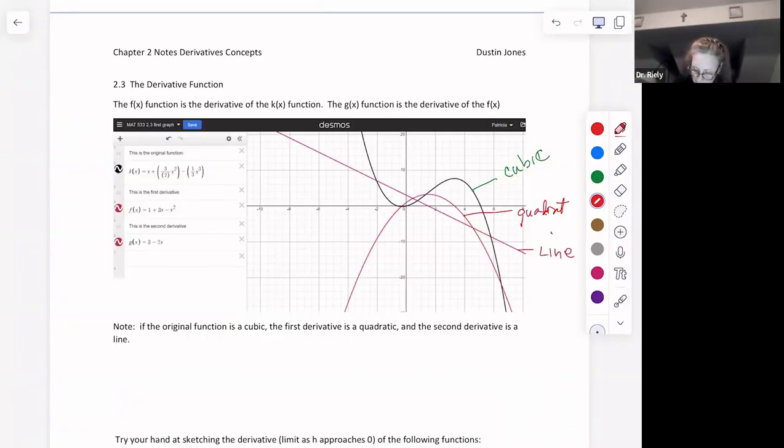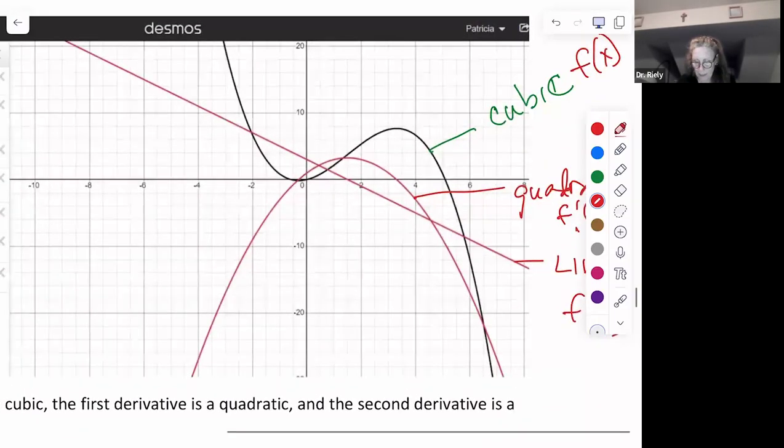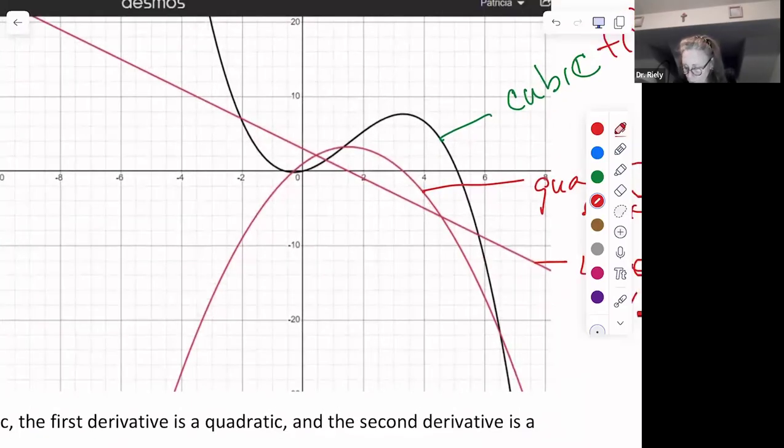We'll use the notation: if this is my f of x, then this is my f prime of x, and this is my f prime prime of x. So there's some analysis we can do here as well. If you look at the cubic, key points are where that cubic is 0.